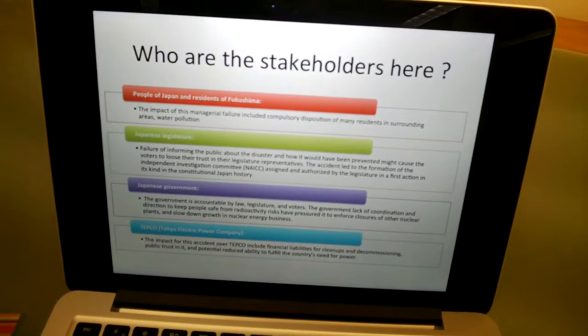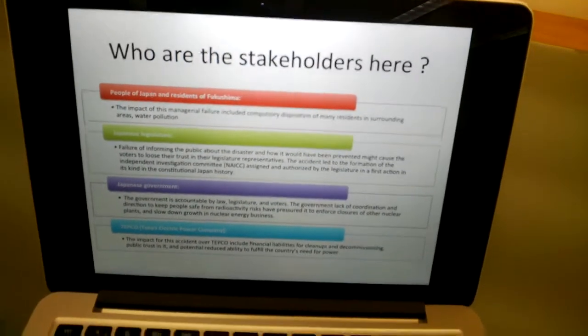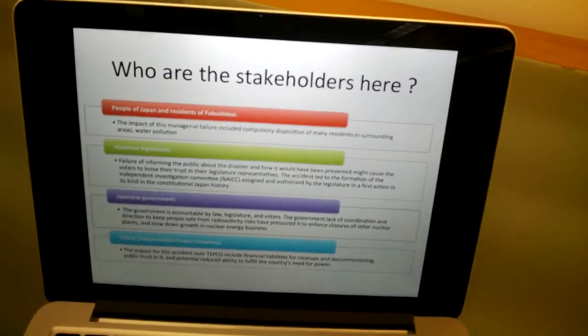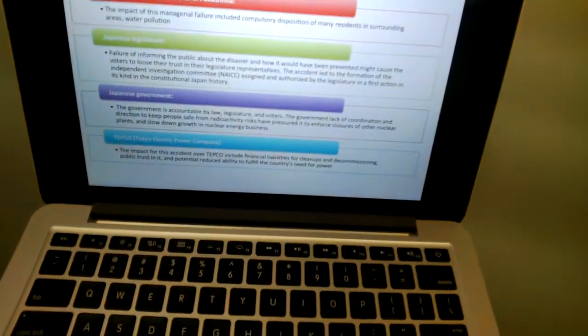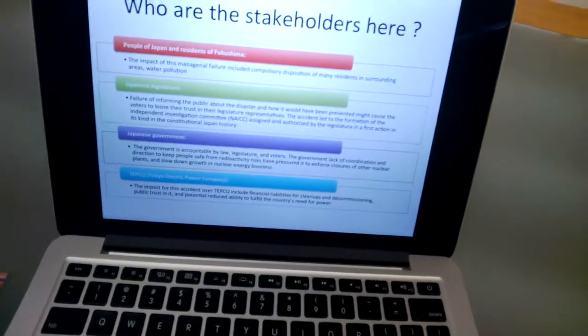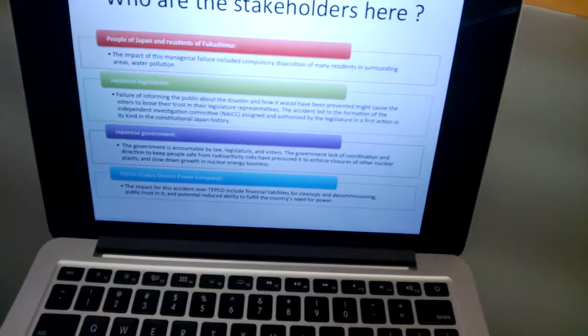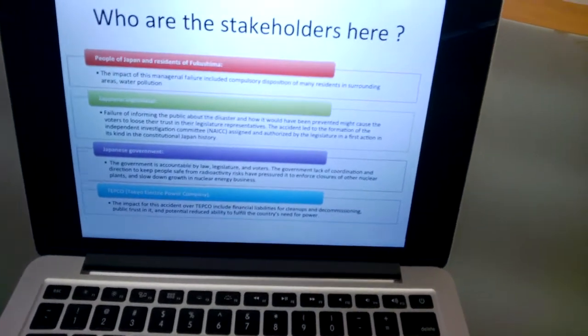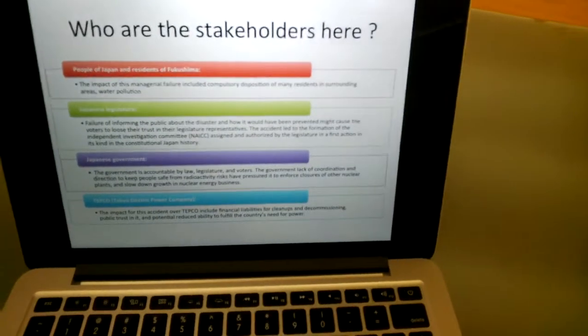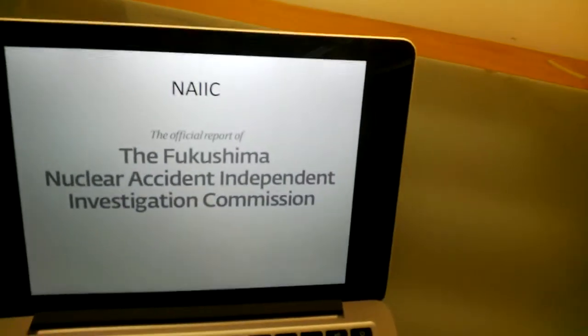People and voters came into the streets on a very rare occasion due to the consequences. The last and most critical stakeholder is TEPCO, the Tokyo Electric Power Company, who was the operator of the plant that was under investigation.